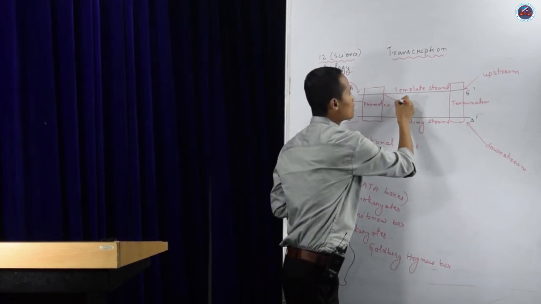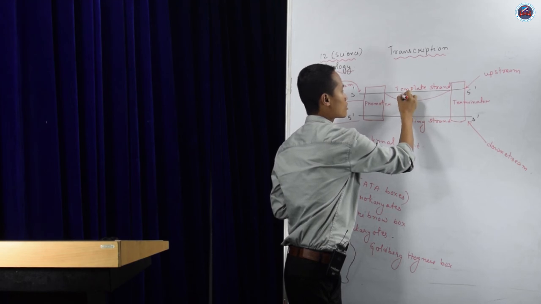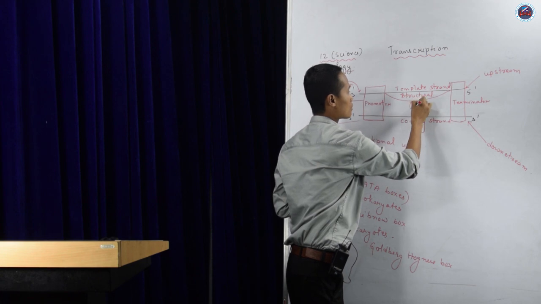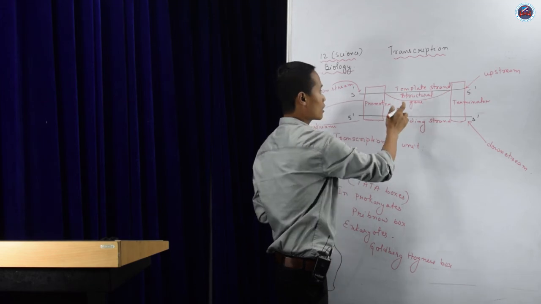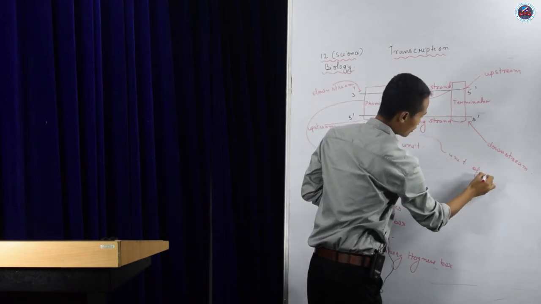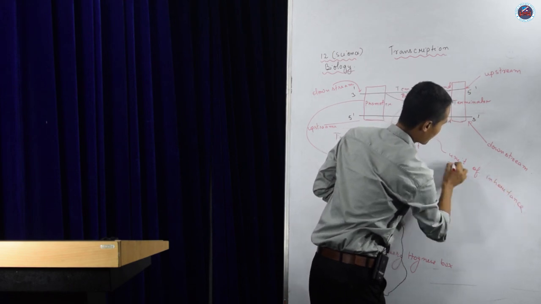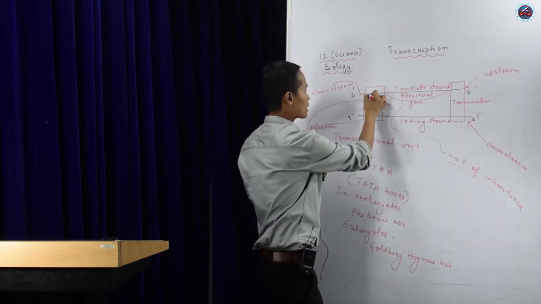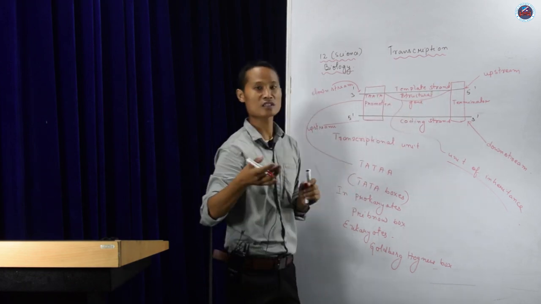Another important structure is the structural gene. It is the unit of inheritance. The promoter and terminator sequences, for example TATA, do not help in the synthesis of protein.